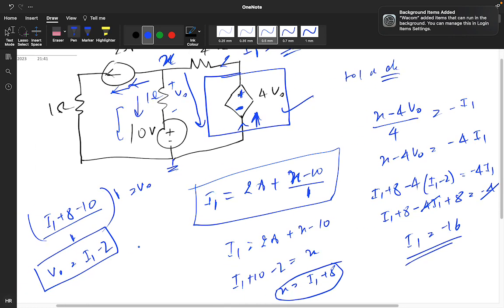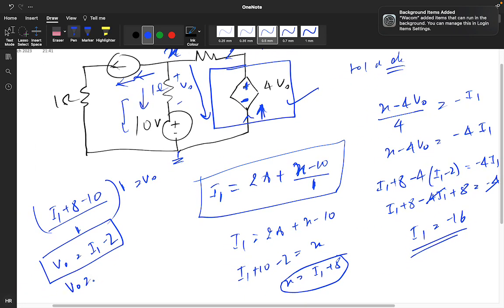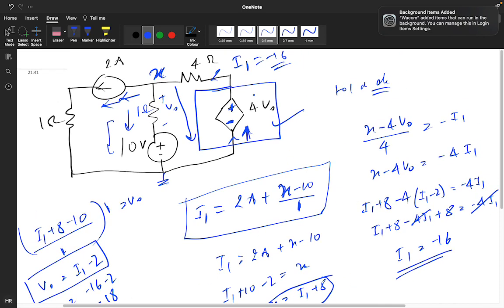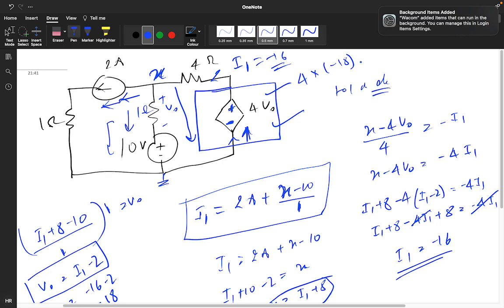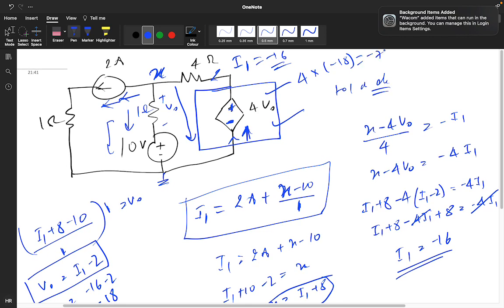If you know the value of I1, what will be the value of V0? Minus 16 minus 2, that is minus 18. Now what will be the value of 4 V0? 4 into minus 18 is minus 72.